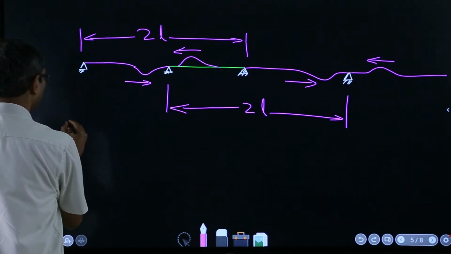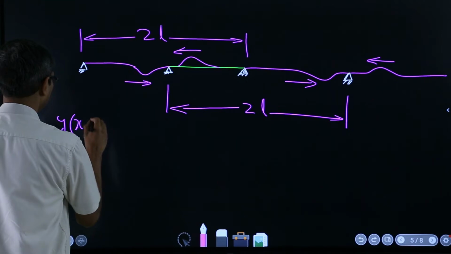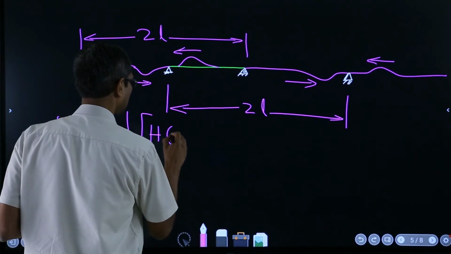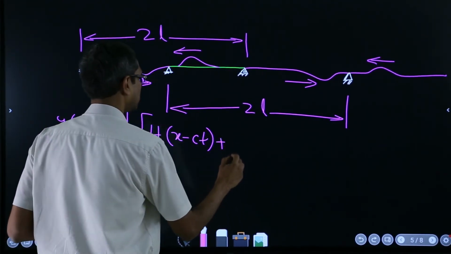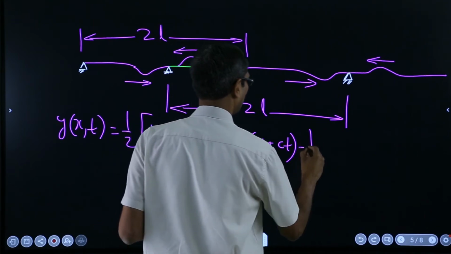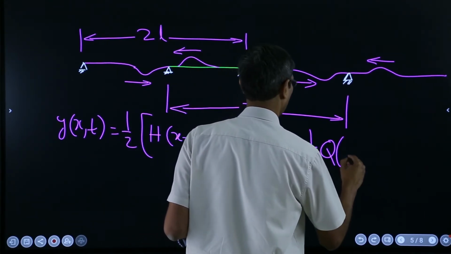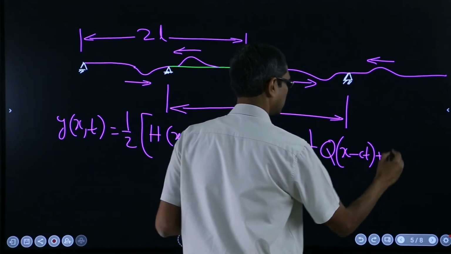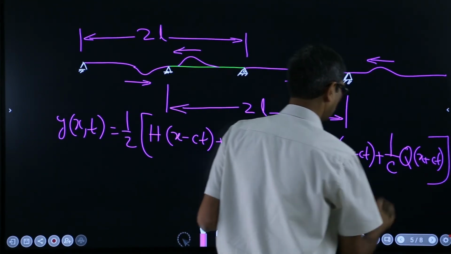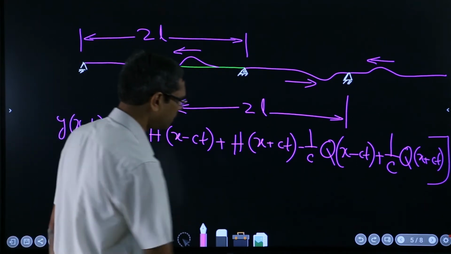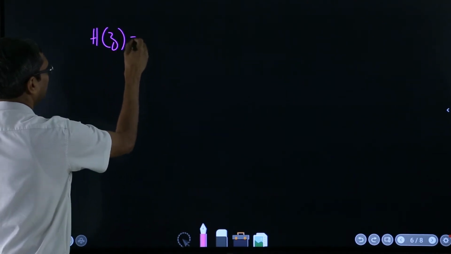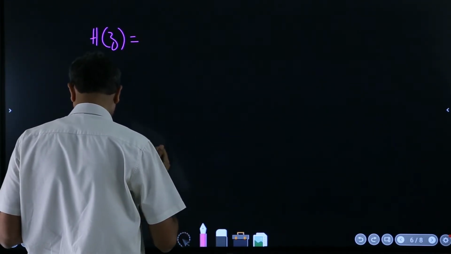Now y(x,t), as usual, is half of h(x minus ct) plus h(x plus ct) minus 1 over c Q(x minus ct) plus 1 over c Q(x plus ct). So that's the general solution.